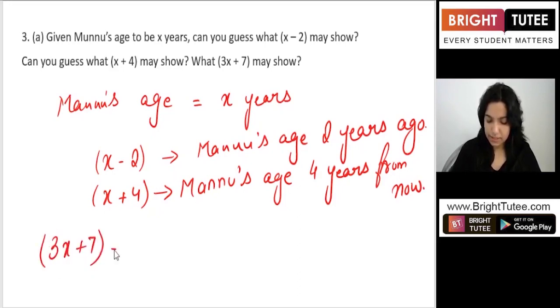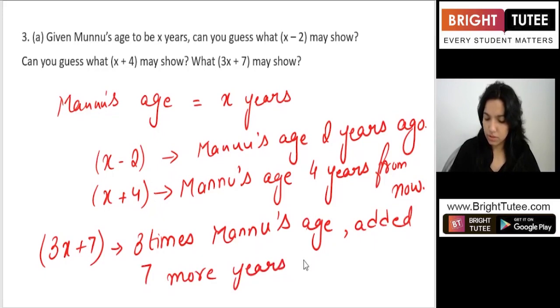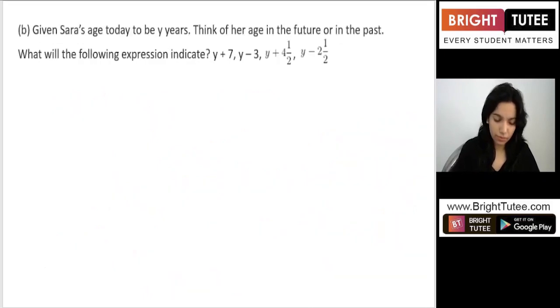So 3X plus 7 means 3 times Manu's age added 7 more years to it. Okay, so to 3 times Manu's age we are adding 7 more years.